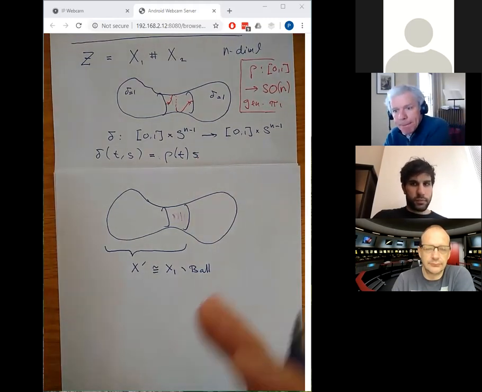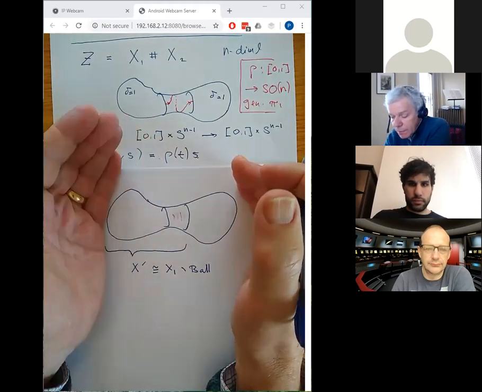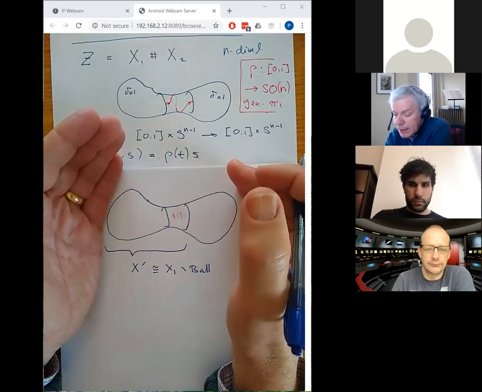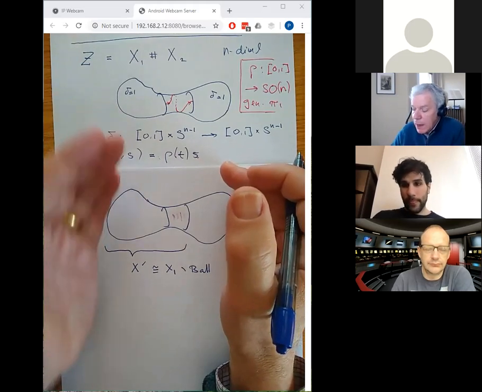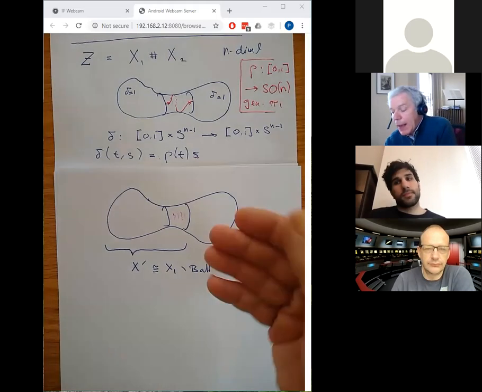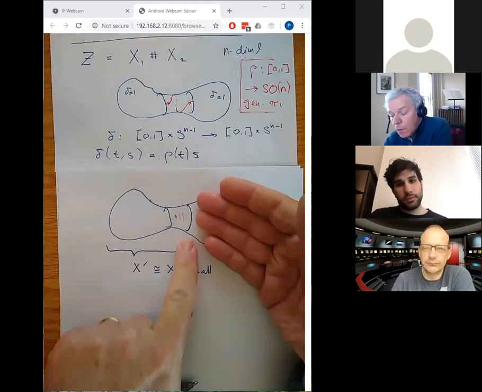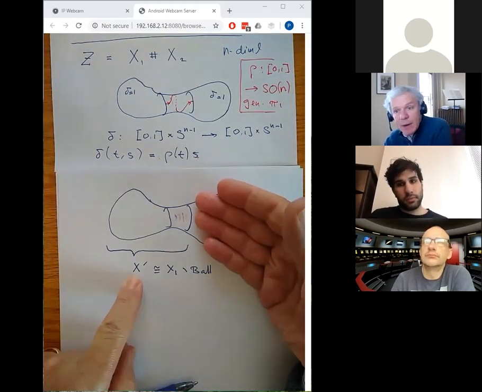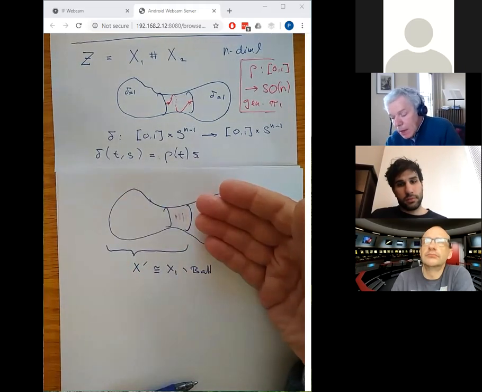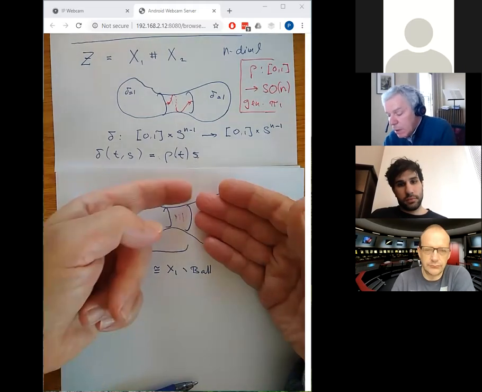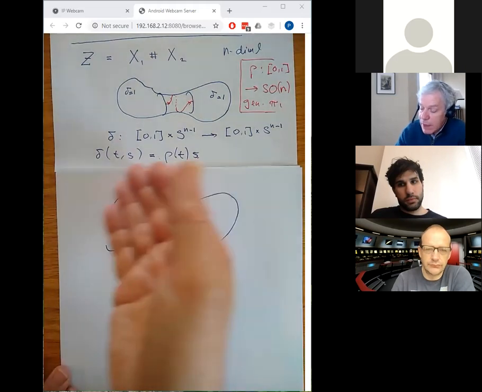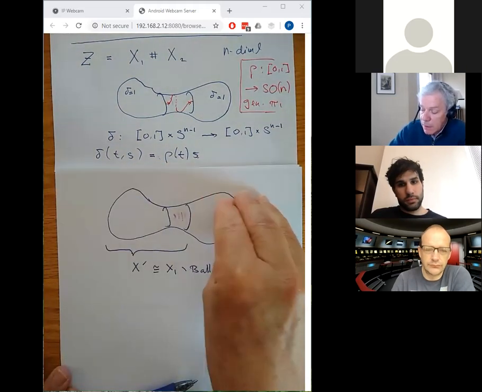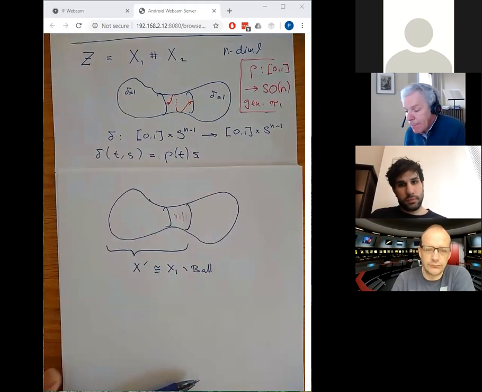If that Dehn twist on this closed four manifold is not isotopic to the identity, then it should certainly not be isotopic to the identity just as a diffeomorphism of X prime fixing the boundary. If I can isotope to the identity as a diffeomorphism of X prime fixing this boundary, well, I can isotope to the identity through diffeomorphisms of the connect sum by just extending the isotopy by the identity over this side.